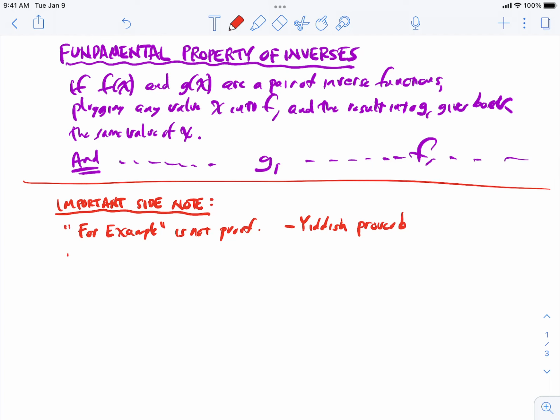So you can use this fundamental property of inverses, the idea that you plug one into the f and then the result into the g and you get back your original whatever. You can use the fundamental properties to prove f and g are inverses.